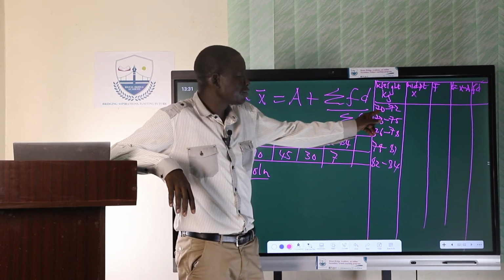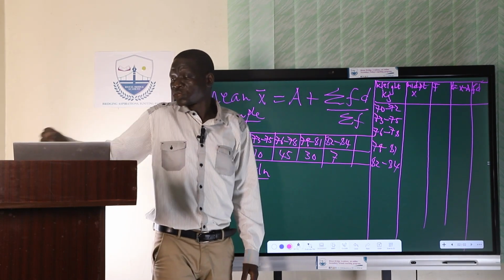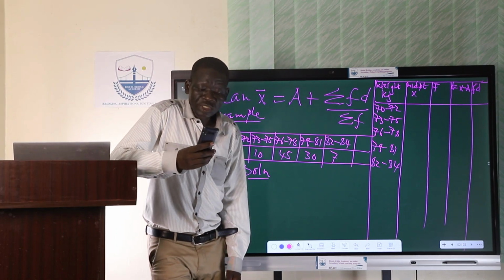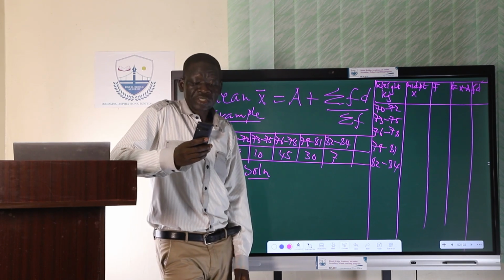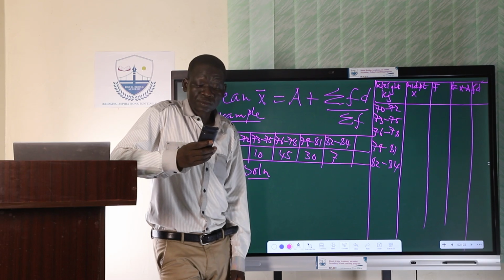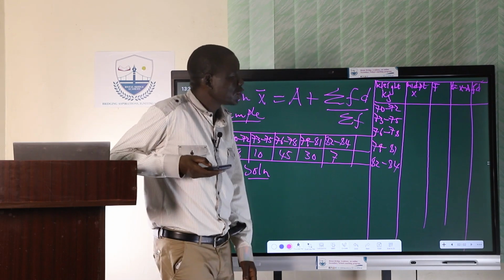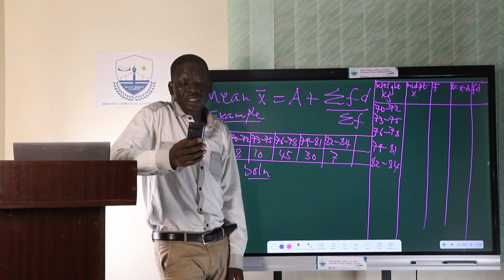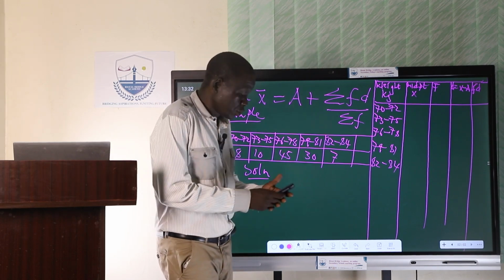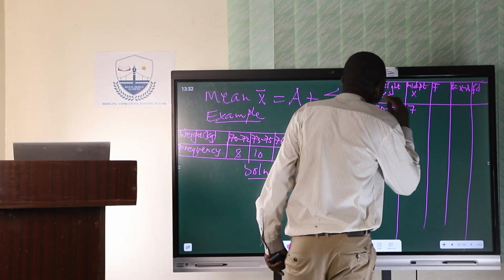So we shall have 70 plus 72, which is 142. Then we divide 142 by 2, and we shall get 71.